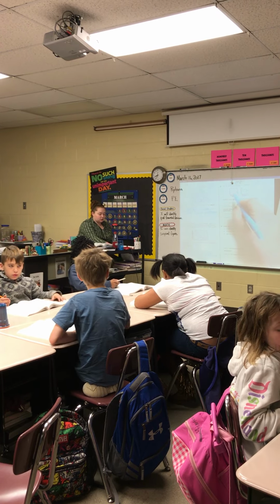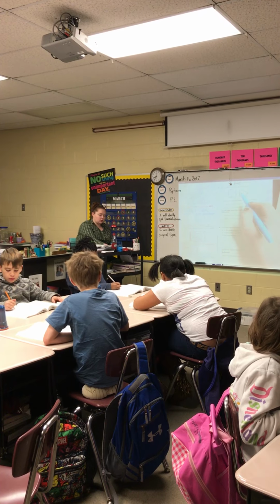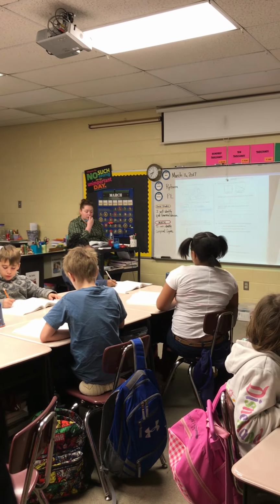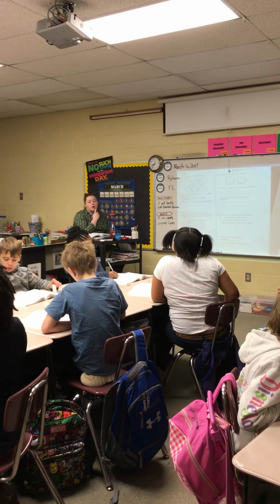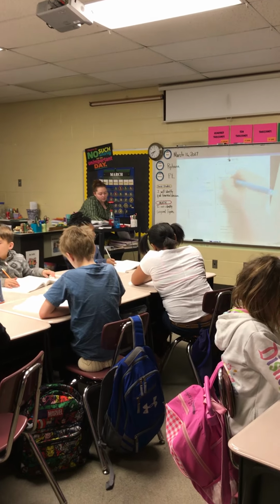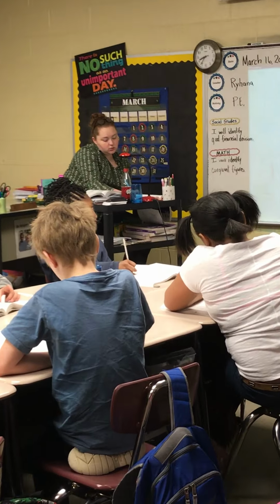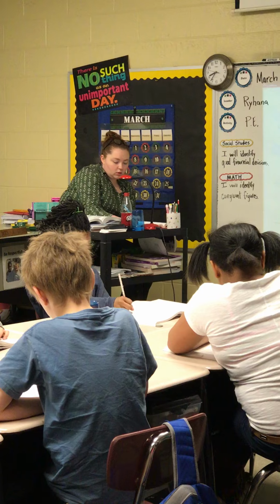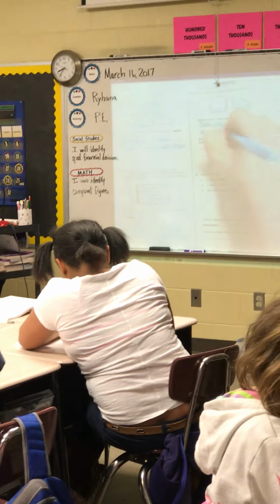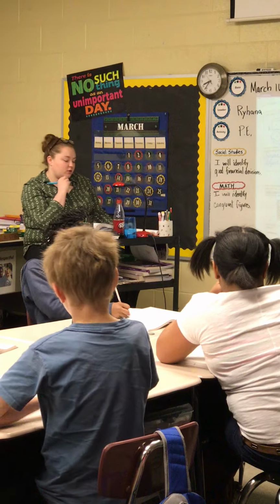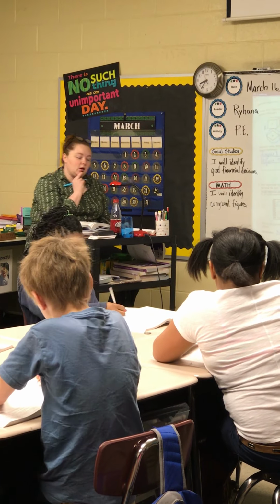Figure 1 has 1, 2, 3, 4 sides, and figure 2 has 1, 2, 3, 4 sides. So that's one way the 2 figures are alike. They're both quadrilaterals. So I'm going to write both figures are quadrilaterals. That's something they have in common.